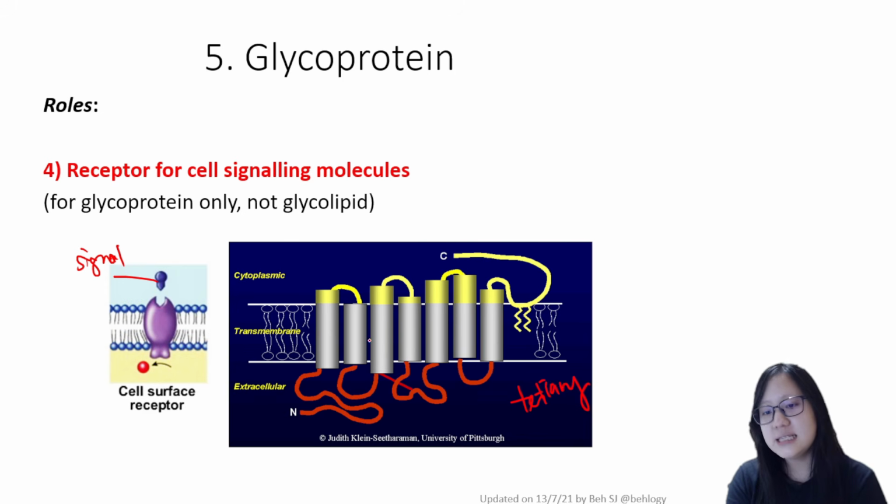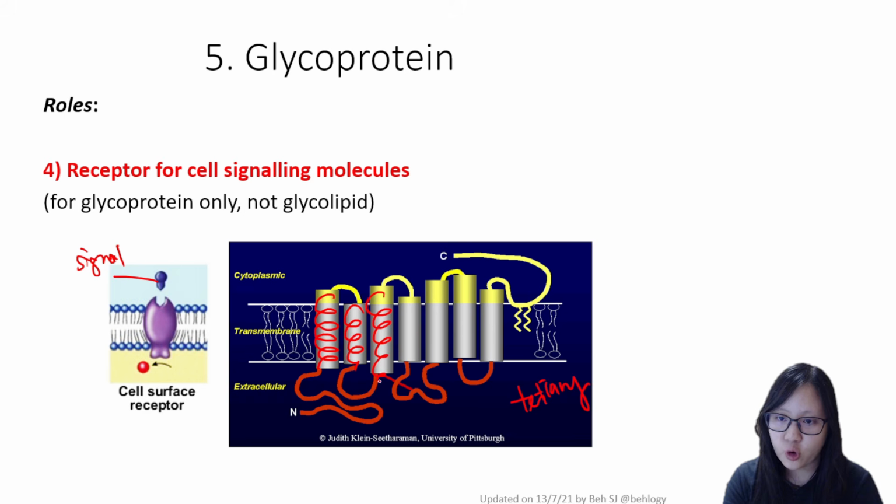You can see there's one polypeptide chain, so this is the beginning and the end of the polypeptide chain, curving and folding throughout the membrane. These cylinders actually represent barrels where the polypeptides are coiled like this. So it's just a representative diagram.